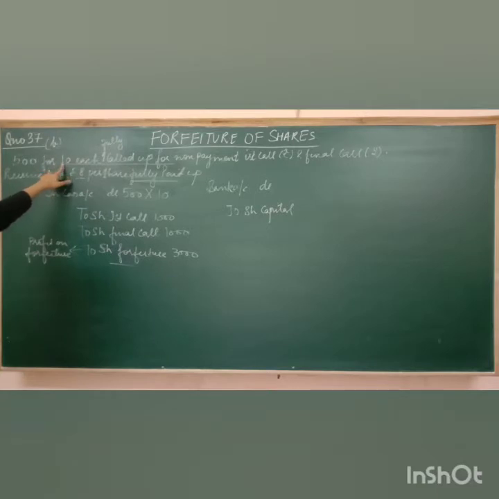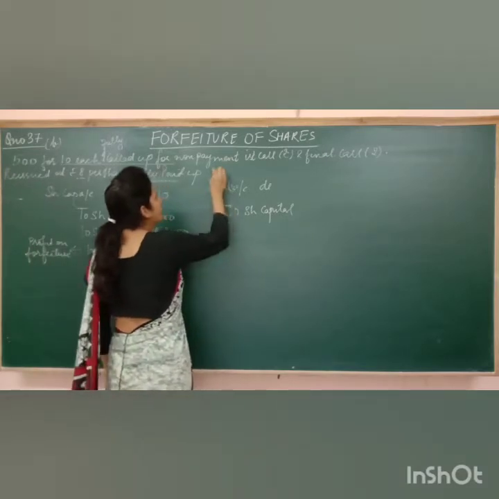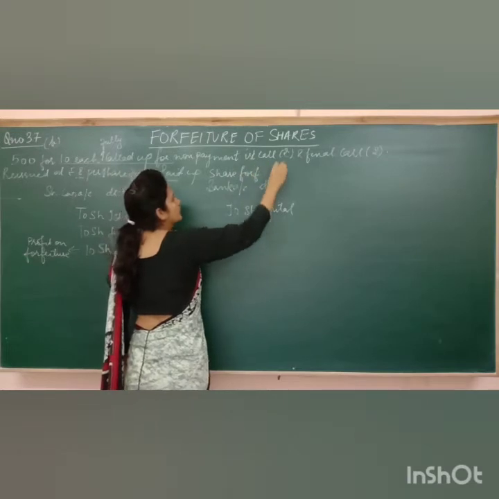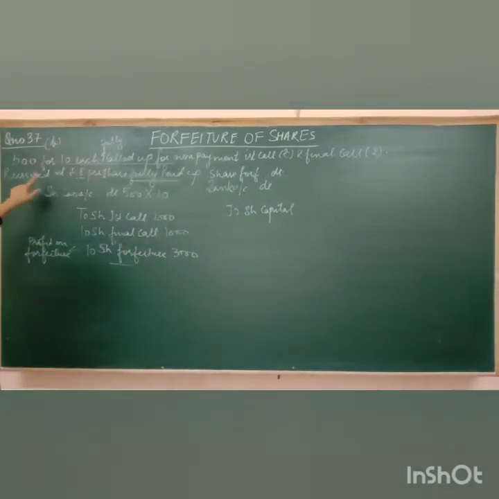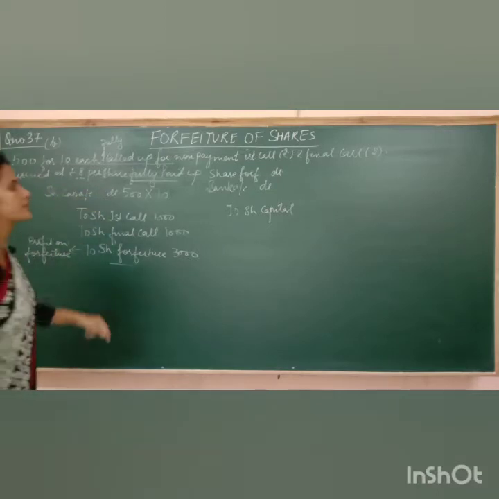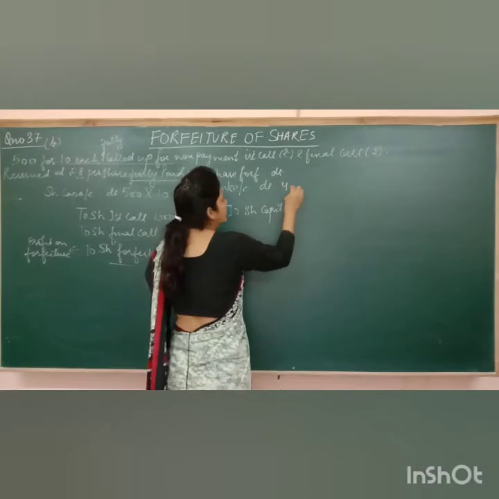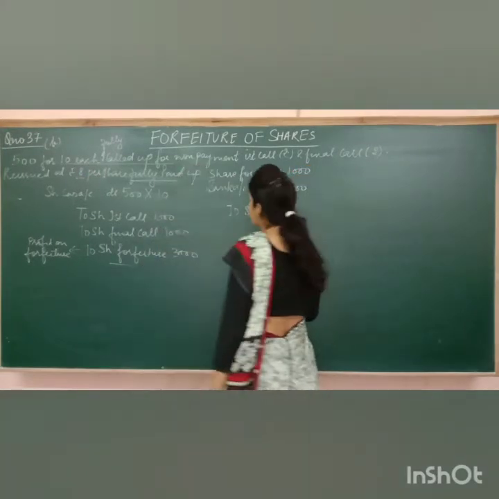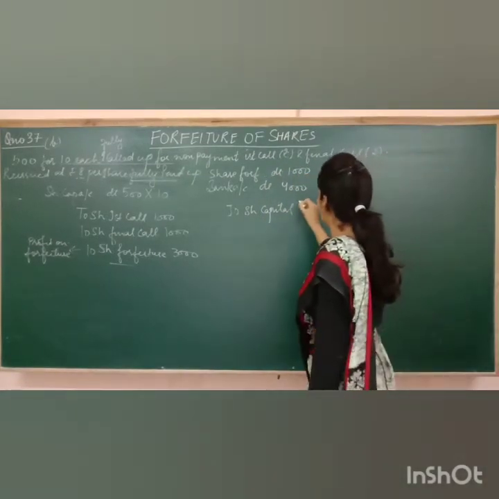The shares whose value is 10, we have issued at rupees 8. So we have incurred a loss of rupees 2. So that loss will be transferred to share forfeiture. How many shares we have reissued? It's mentioned in the question that all the shares have been reissued. So 500 into 8, 4,000 will come in bank, 500 into 2, 1,000 will come in the share forfeiture account as it represents the loss, and the total here would be 5,000.